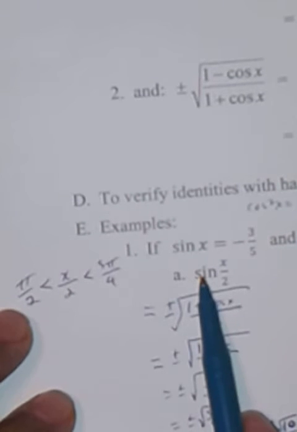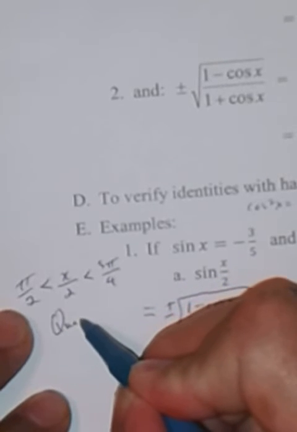Okay, pi over 2 and 3 pi over 4. Where is that? Well, that's in quadrant 2. In quadrant 2, the sign is positive. Okay, this is quadrant 2. In quadrant 2, the sign is positive. So our answer is the positive 3 square root of 10 over 10.